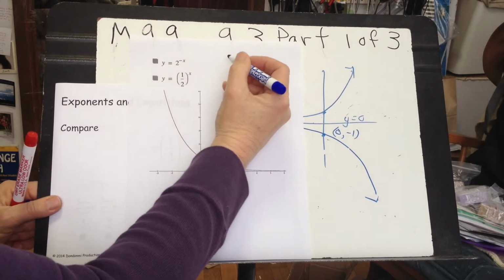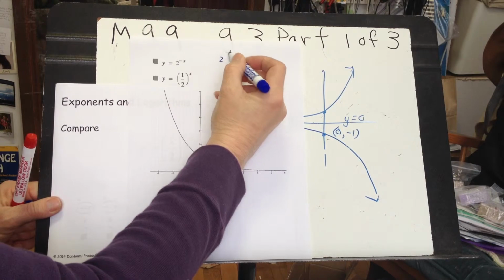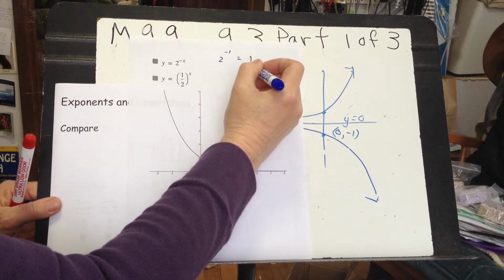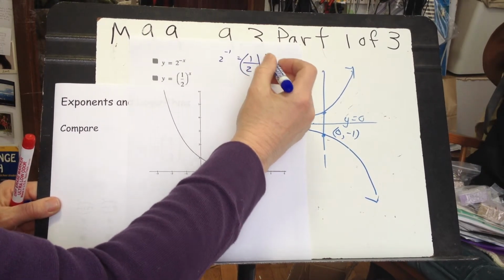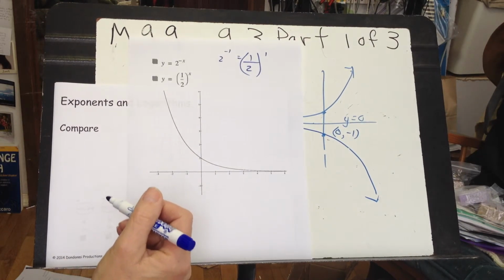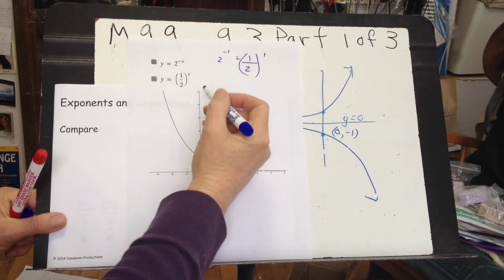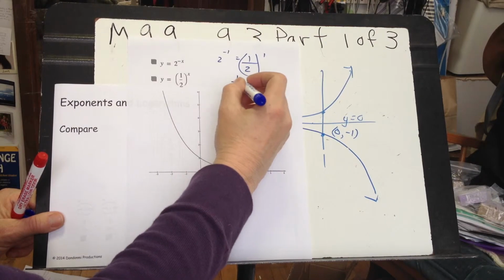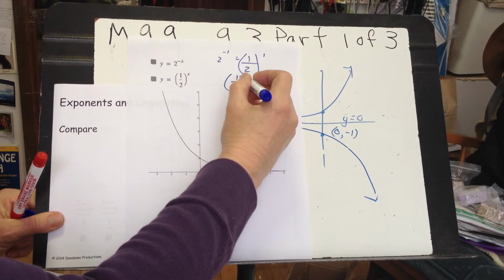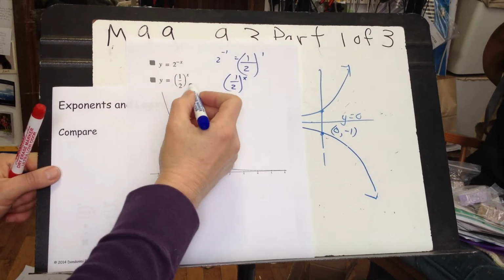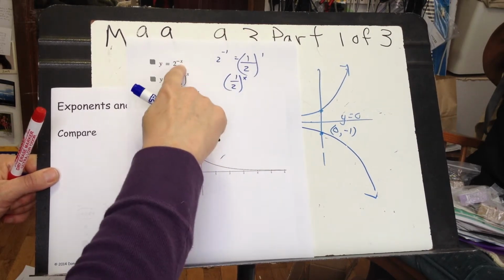Remember that 2 to the negative first is the same as 1 over 2, all of that to the first power. So 2 to the negative x is going to be the same as 1 over 2 raised to the positive x power.